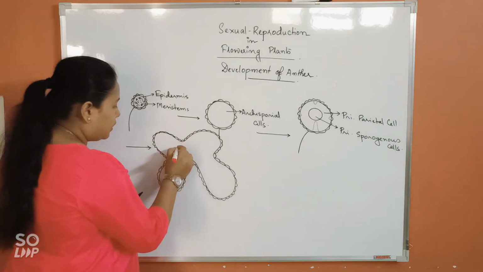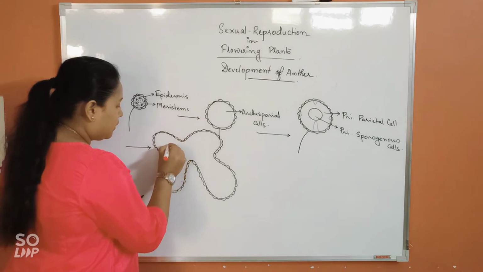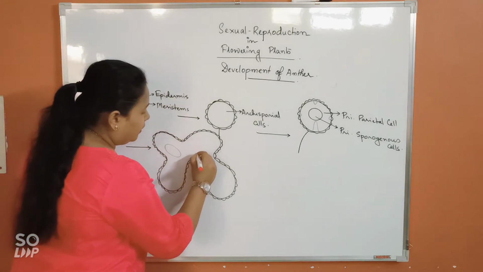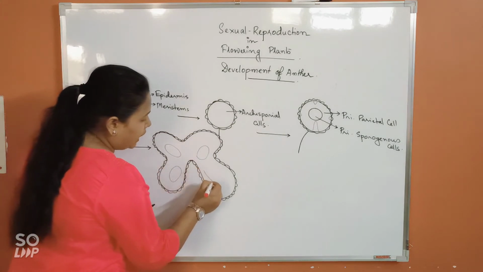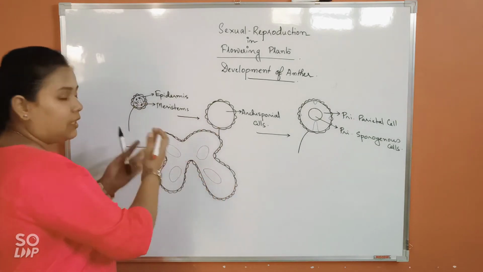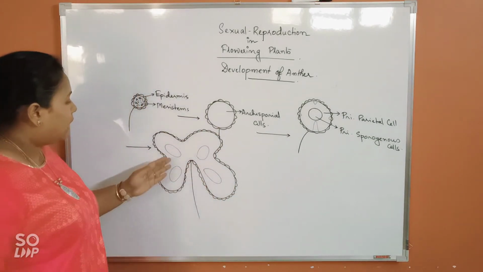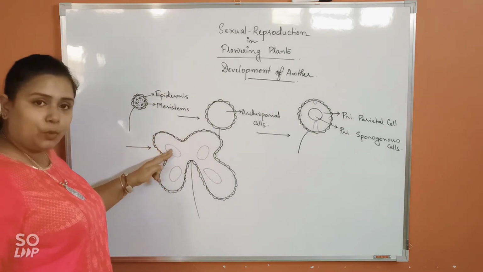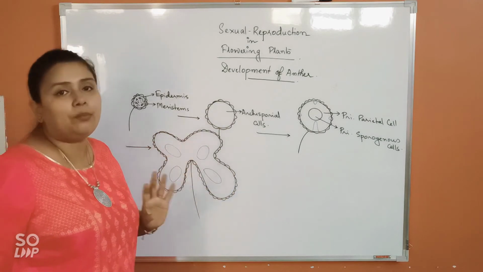Now, these are the primary sporogenous cells which have been scattered at four corners of this tetrasporangiate structure. And outside them, outside the sporogenous cells will remain the parietal cells, which will give rise to distinct protective layers.